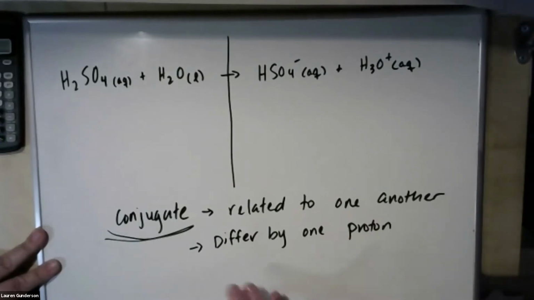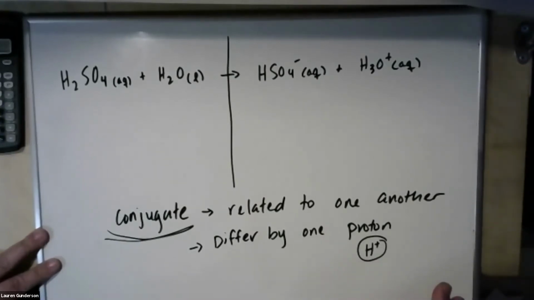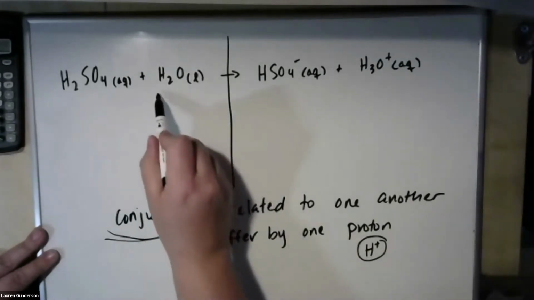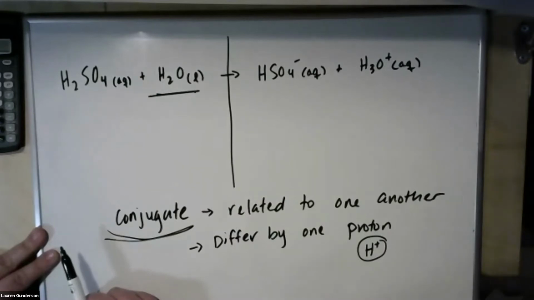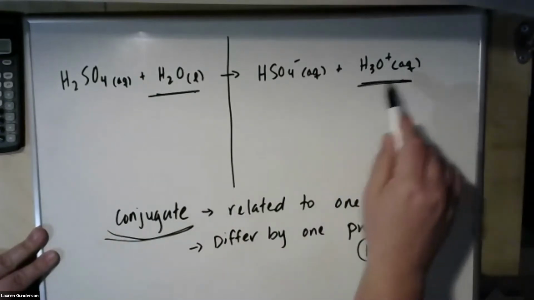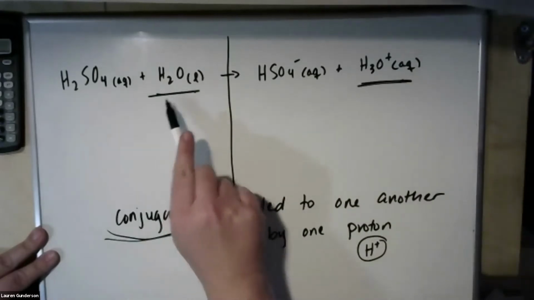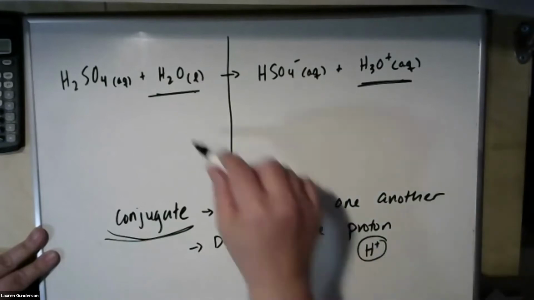If we keep in mind that we're looking for the difference of one proton between the two parts of the pair, we can see, for example, in the water molecule, it's H2O. On the other side, we have H3O plus. The difference between H2O and H3O plus is the addition of this proton.